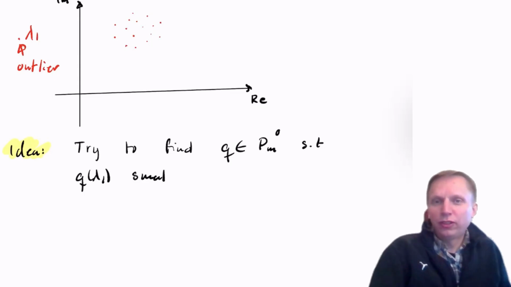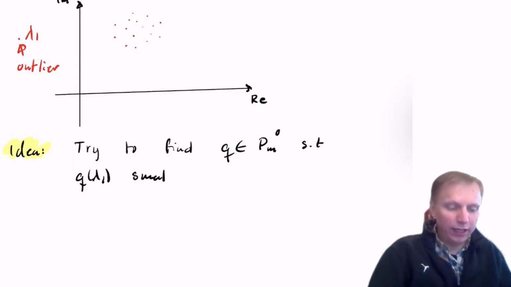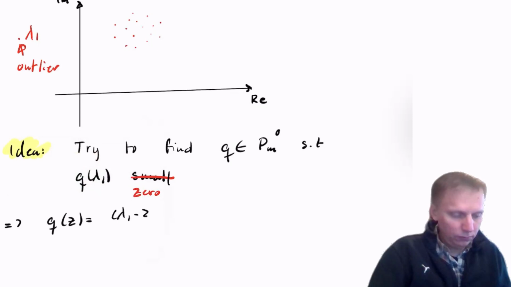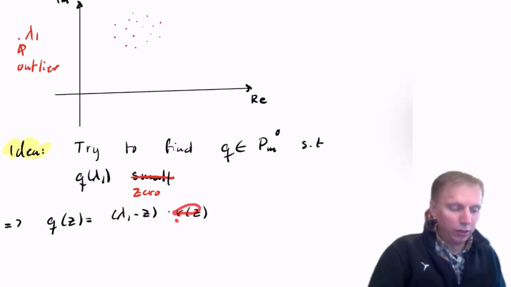Normally you would try to find a polynomial which has a small function value in the eigenvalues, and now we want to make it small, but we will make it even more restrictive in this construction. We're going to make it 0. So every polynomial with a root in lambda 1 can be expressed in this form, where r is a polynomial of one degree less.